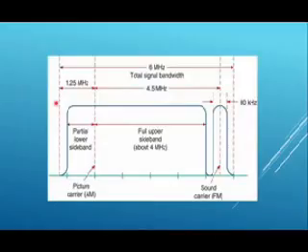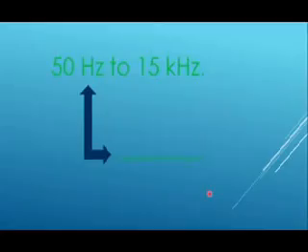The entire TV signal occupies a channel in the spectrum with a bandwidth of 6 MHz. There are two carriers, one each for the picture and the sound. The sound carrier is at the upper end of the spectrum. The audio bandwidth of the signal is 50 Hz to 15 kHz.